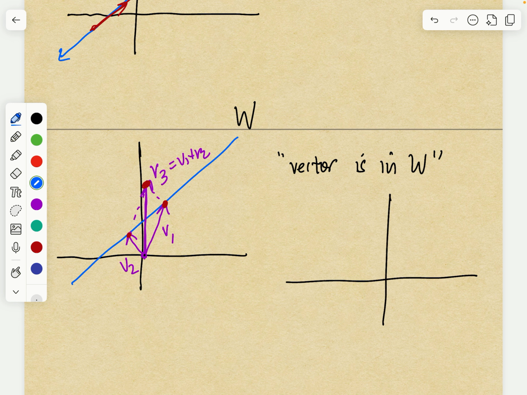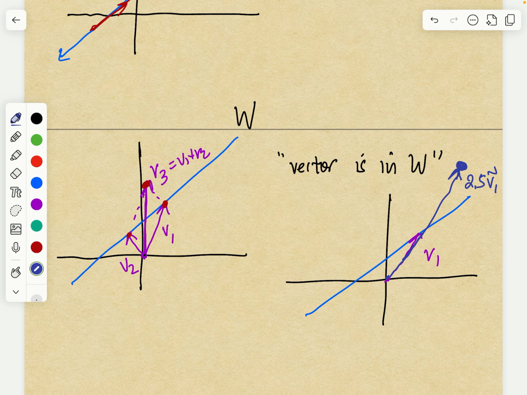So the correct picture is you have something like v1 like this, and then when you scale, when you take like 3 times that, you're going to get this, and then this point is not on the blue line. Maybe more like 2.5 v1. It's this vector. That's not on the line.